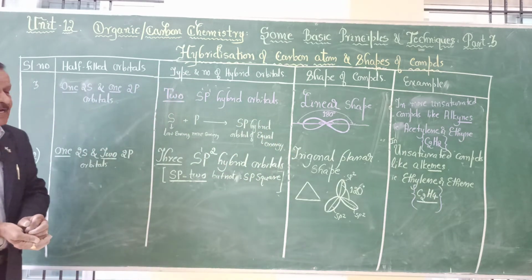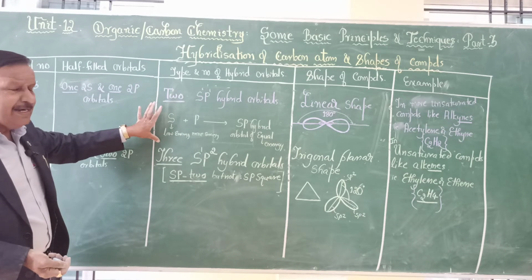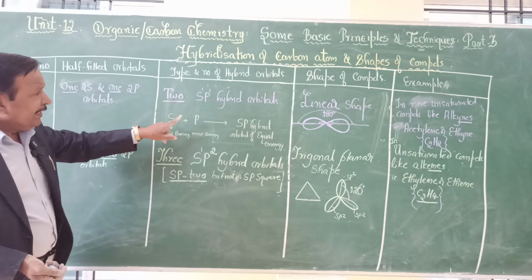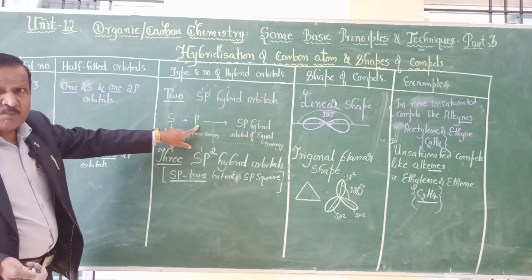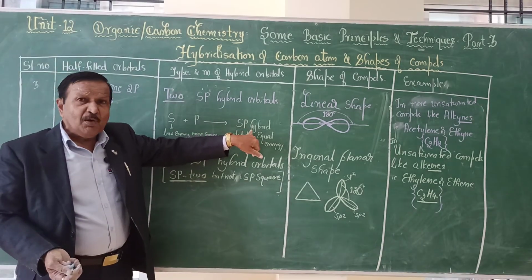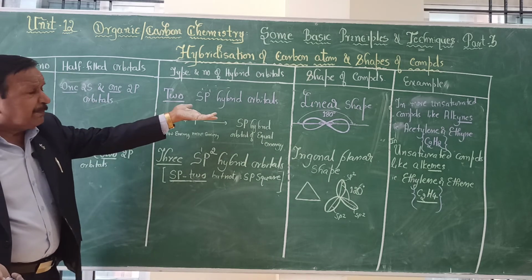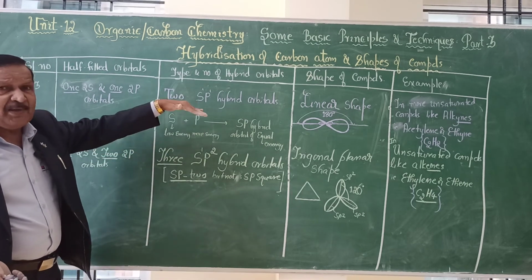Just imagine the energy of the s orbital is 1 and the energy of the p orbital is 2. Then the new orbitals we get have an averaged energy, or whatever it depends upon, and they will have equal energy.